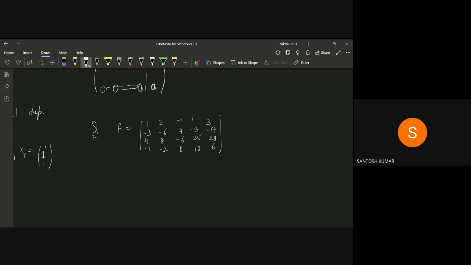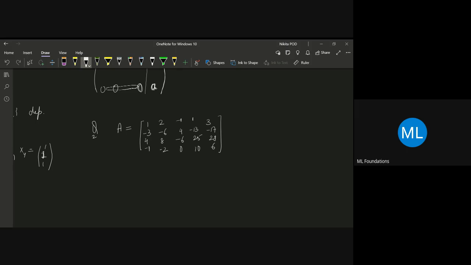Yes, by converting to reduced row echelon form. You can just find the row space of U, and that will also be the row space of A. So you don't actually have to go to A transpose and then find the column space of A transpose.